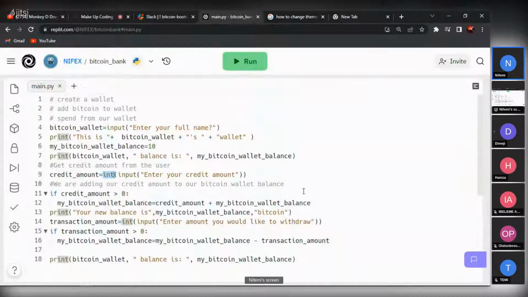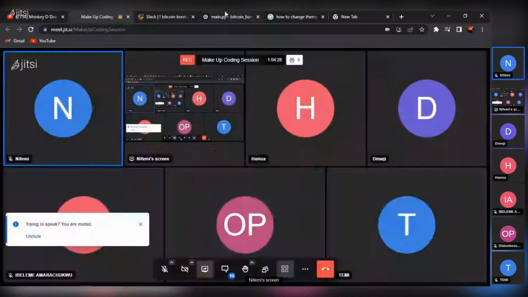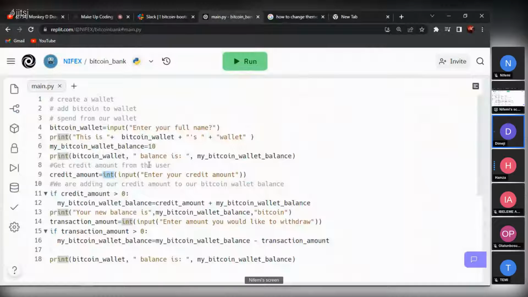So what this int is doing for us is it is casting whatever the user passes in to an integer. It is passing anything the user enters into a number. Do you understand?